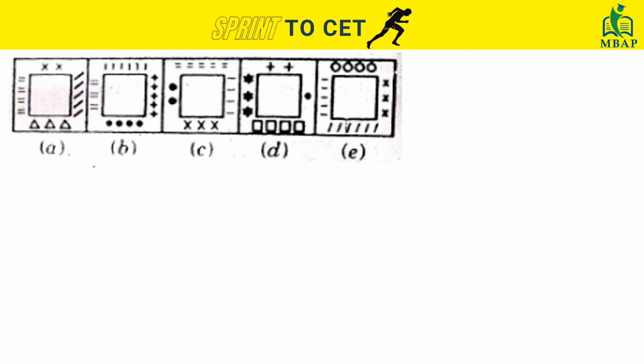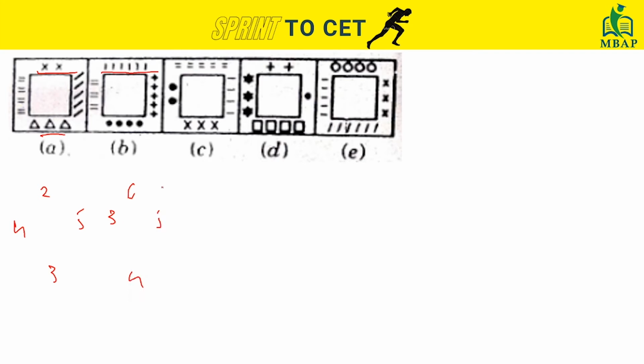Let's look at the third one. The number of figures on the sides of the squares are increasing in some fashion. It is 2, 3, then 1, 2, 3, 4, and 1, 2, 3, 4, 5. In this one it is 3, 4, then 1, 2, 3, 4, 5, and 6.